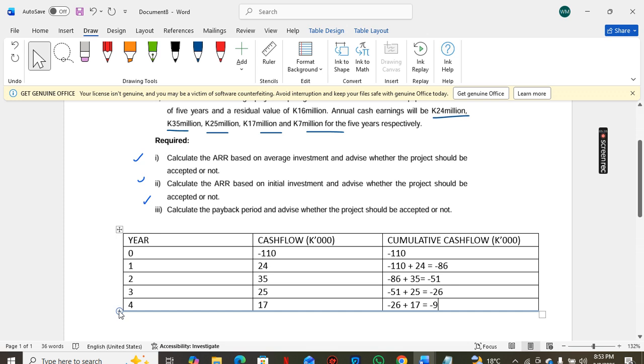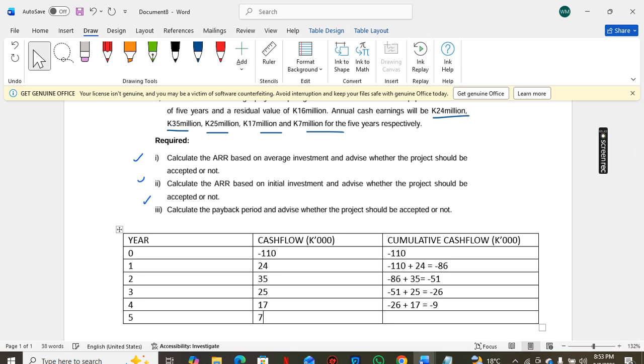Okay. Year 5, 7 million. So negative 9 plus 7. Negative 2. Negative 2 million. Okay.